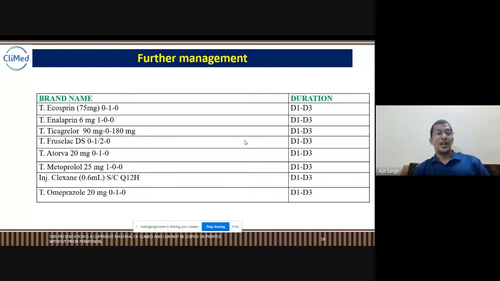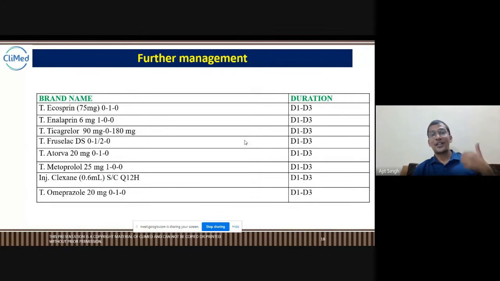Okay, leave it. Atorvastatin should be given at night, definitely. Why should it be given at night? Because cholesterol synthesis, or we can say fat synthesis, is higher at night when the person is sleeping, and at that time we need atorvastatin or statins most, so it should be at night.